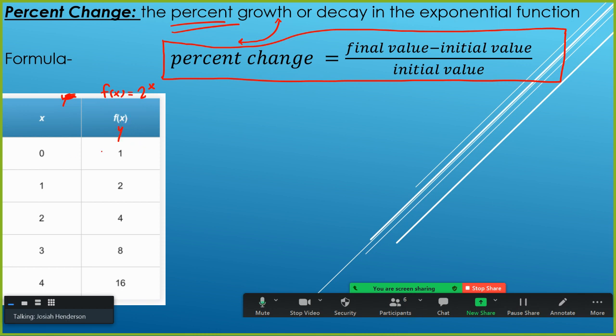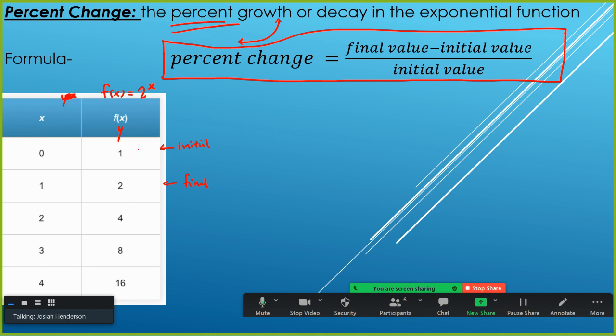So let's look at from here to here first. Let's make 1 our initial, and then 2 will be our final. When we figure out percent change, you're only dealing with one starting or initial value and then one final. So we're not going to look at all of them at once. You only do it for a snapshot of before and after.